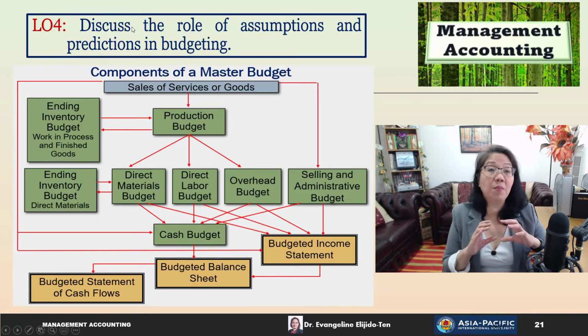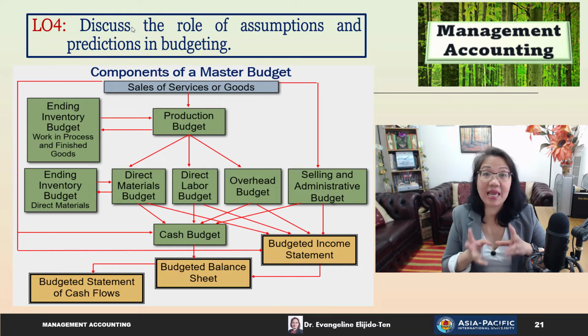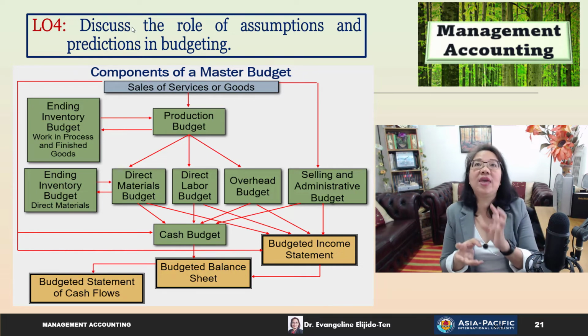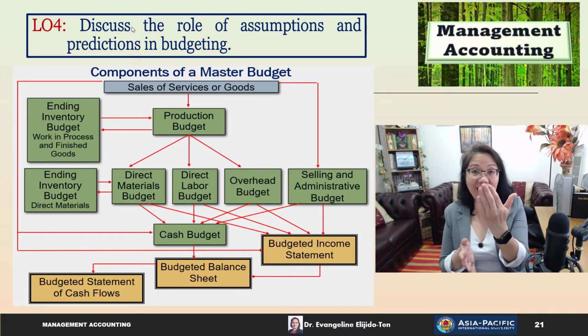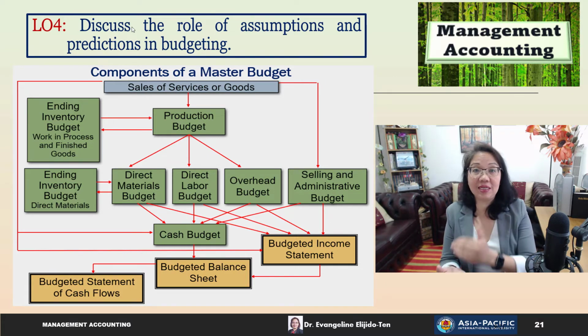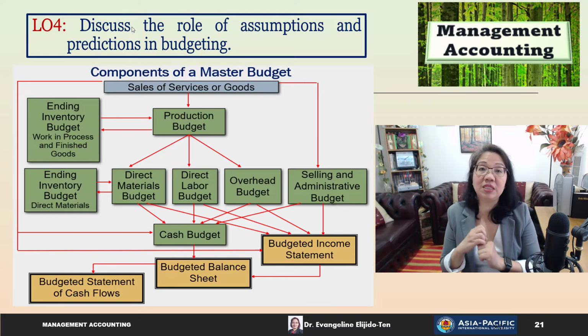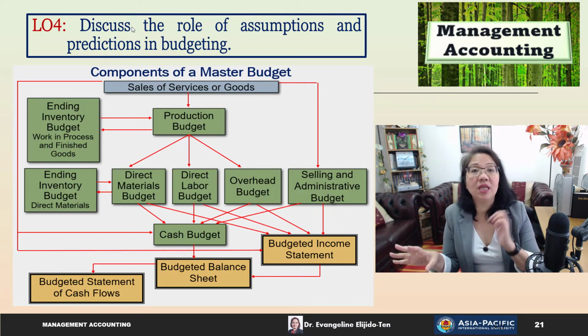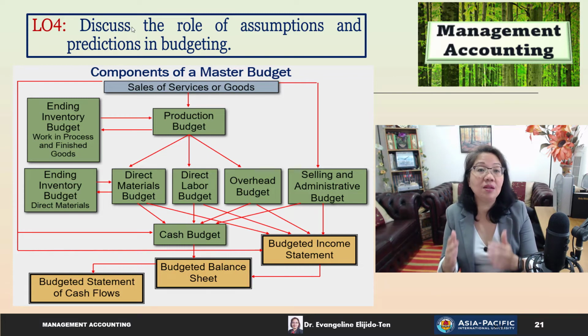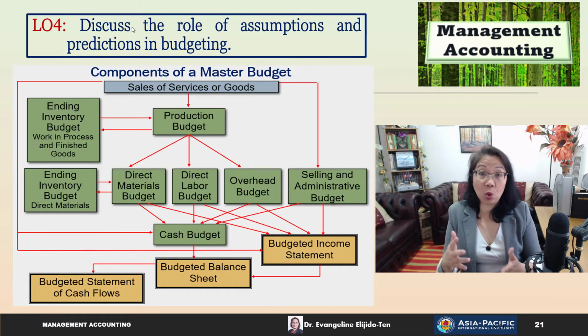So the model is run on these key estimates, and it's easier if you can change, for example, the sales forecast in a particular month, and all the other detailed budgets, the production budget, the direct material budget, the direct labor budget, the overhead budgets will also be adjusted accordingly.